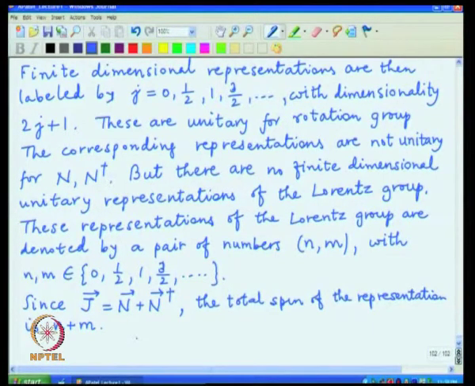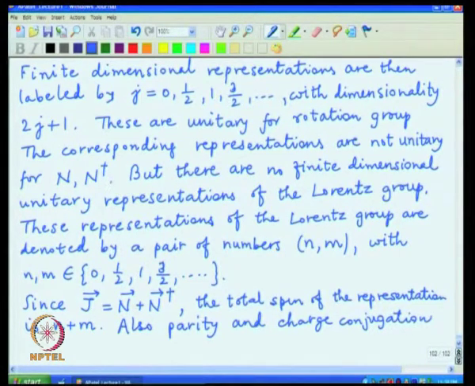It has only one space component and one time component. So, parity as well as charge conjugation, because charge conjugation interchanges N and N-Dagger as well, because there is a complex conjugate operation which is part of the definition of what happens under charge conjugation.